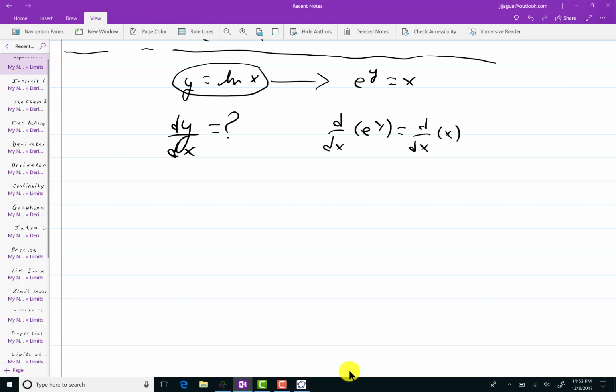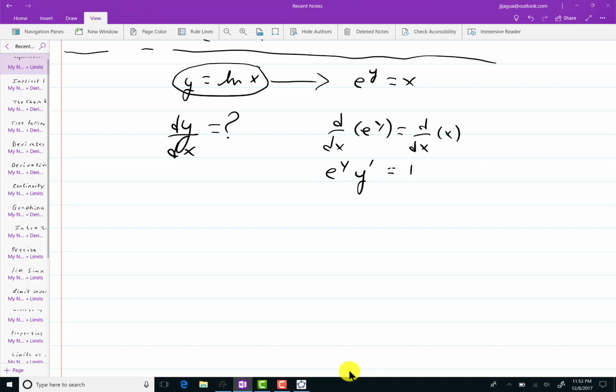The derivative of e to the y is e to the y, but then you have to use the chain rule and multiply it by dy over dx. And actually, wait, let me change it just to y prime. It's a little bit easier with notation like that. And the other side is equal to 1.